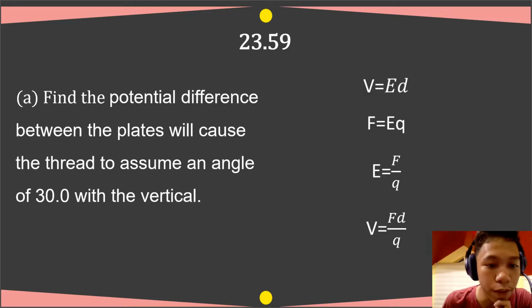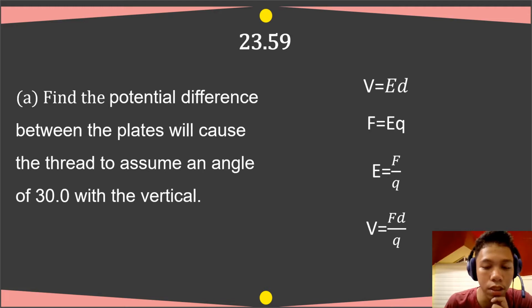So we were asked to find the potential difference between the plates that will cause the thread to assume an angle of 30 degrees with the vertical. We're going to use the potential difference formula, which is V is equal to Ed. In order to find E, we're going to use the force formula, which is F is equal to E, the electric field, times q, which is the charge.